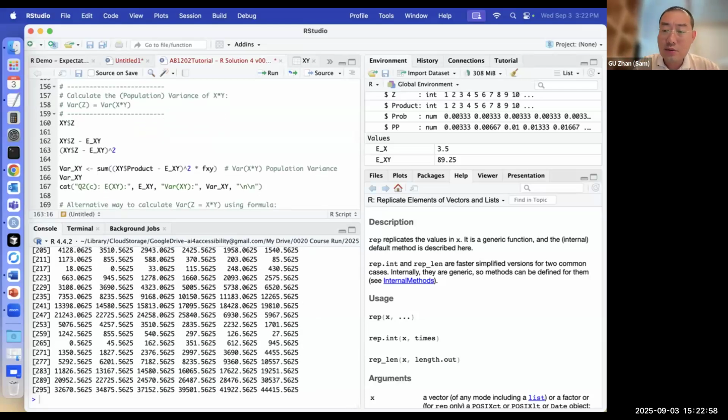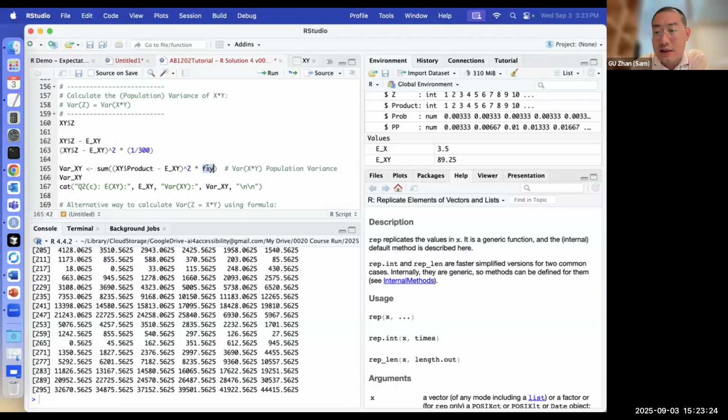Then next you need to times the probability of each outcome of these 300. So the probability is 1/300. You can do a 1/300.